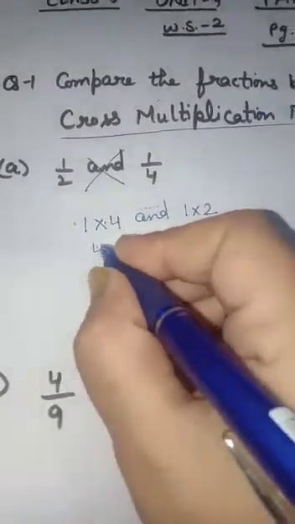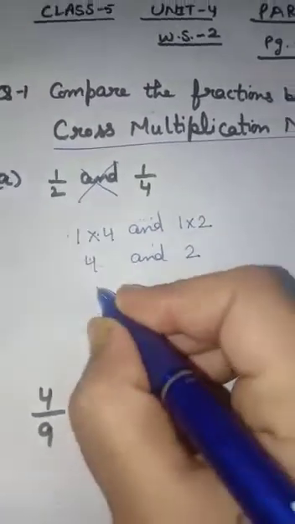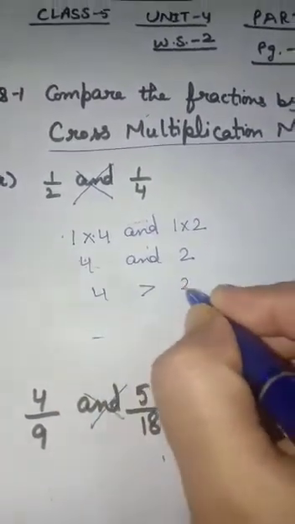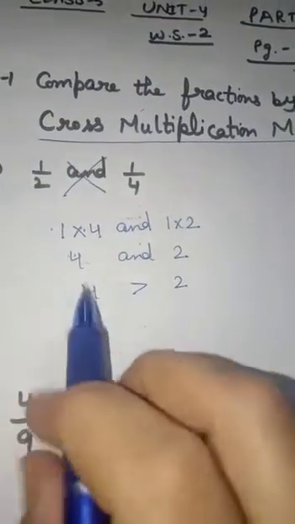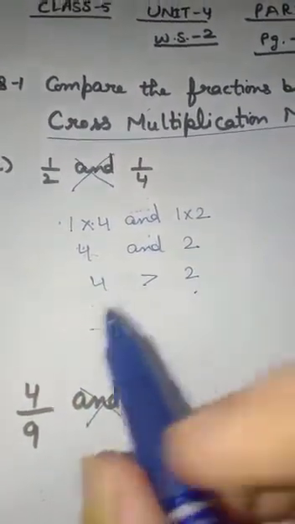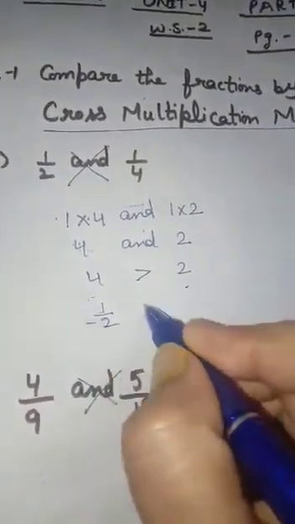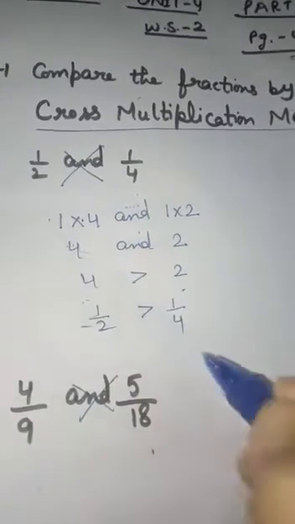We know the answers, 4 and 2. Then compare these two numbers. 4 is greater than 2, we all know. Then the number at the left side is greater than the number at the right side. So the same side fraction, 1 by 2, will be greater than 1 by 4.